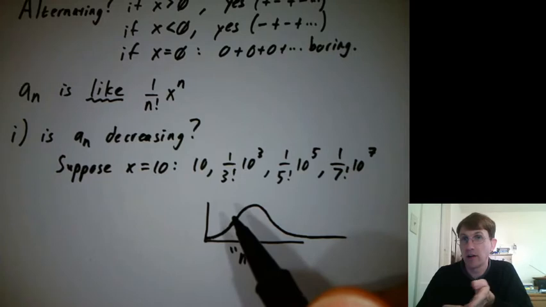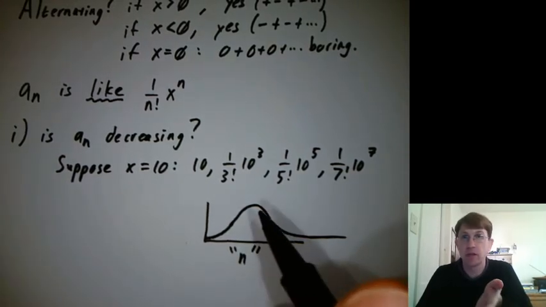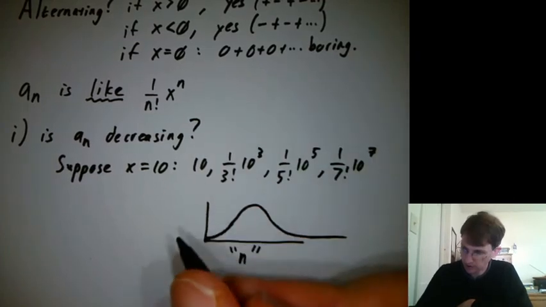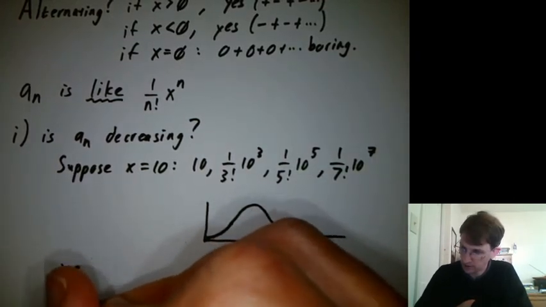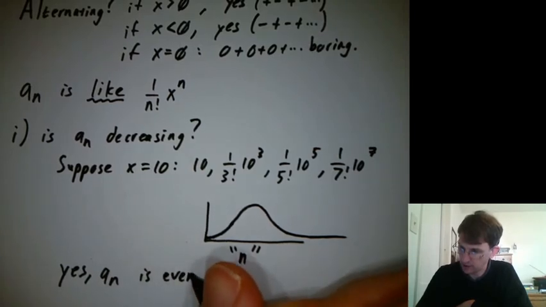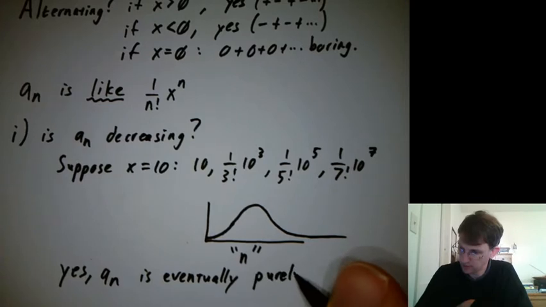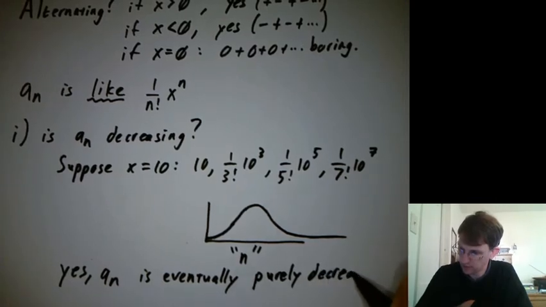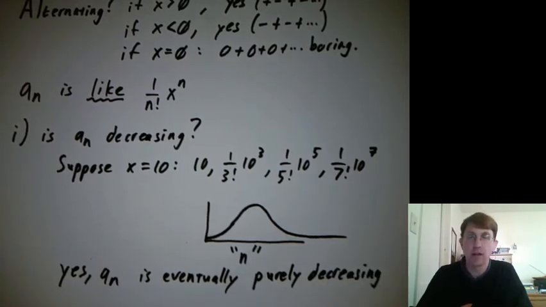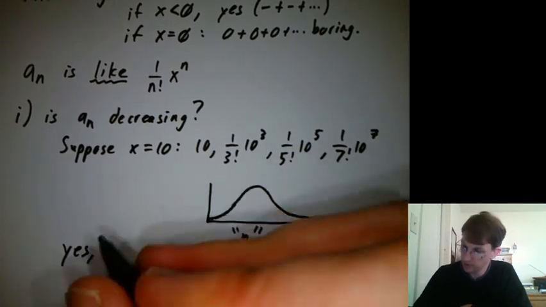For x equals 100, it would start decreasing even later, but it would eventually start being purely decreasing. So we can say, yes, a sub n is eventually decreasing, because factorials grow faster than exponentials.